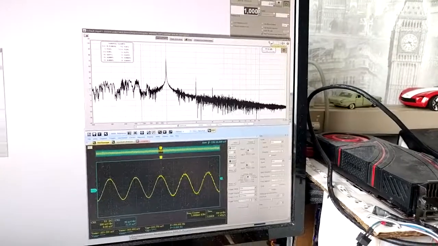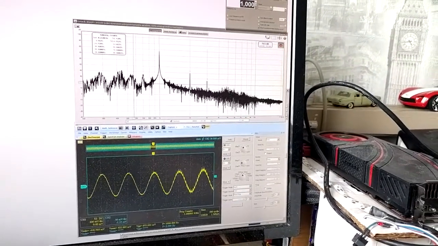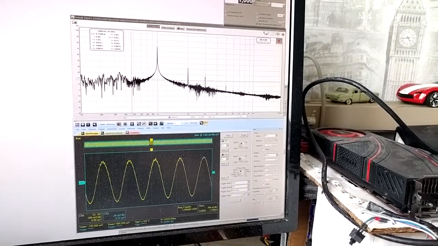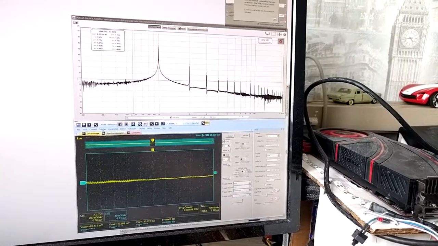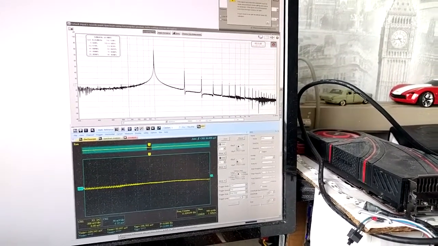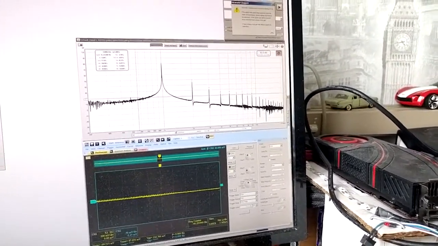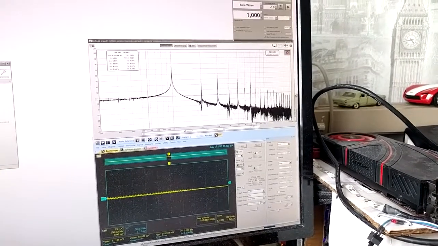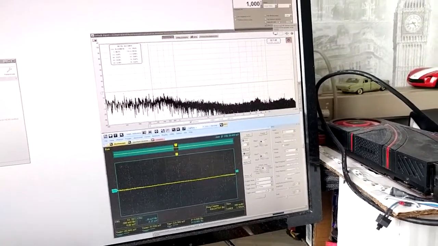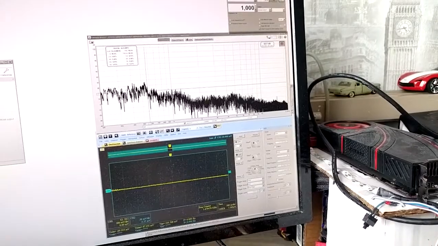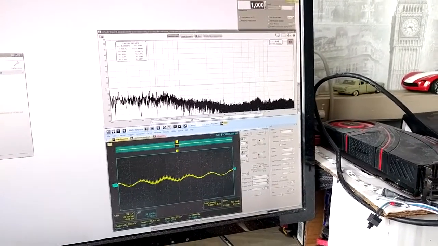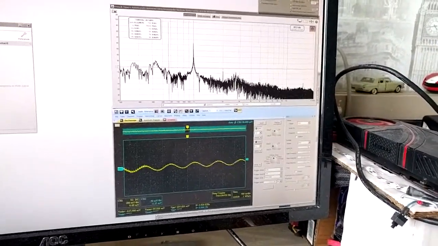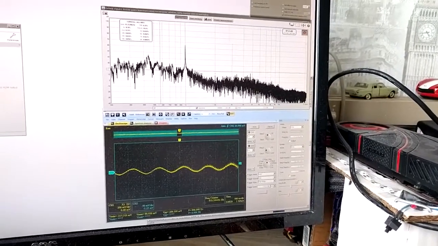Let's increase it once again. The sound card is overloaded, so the generation stopped. But we can start it once again. It should not exceed 1 volt at the sound card input, otherwise the system stops.